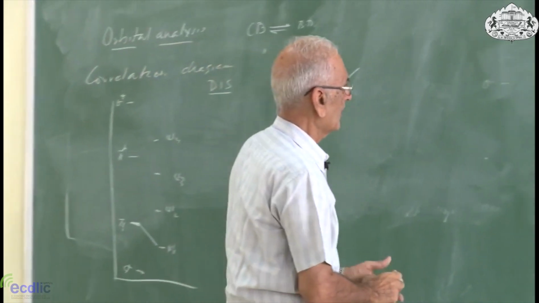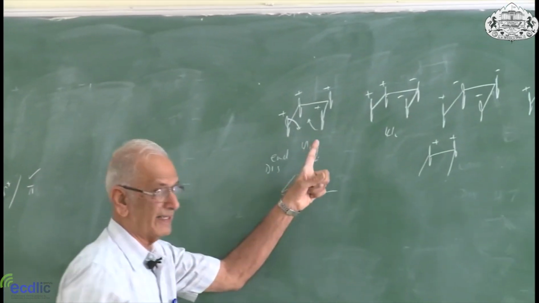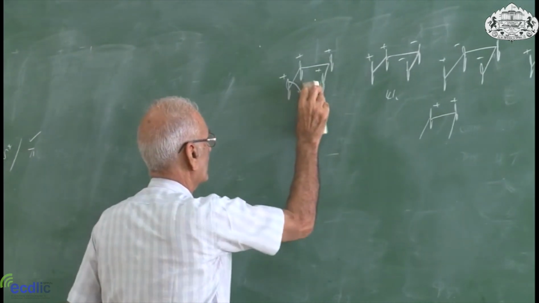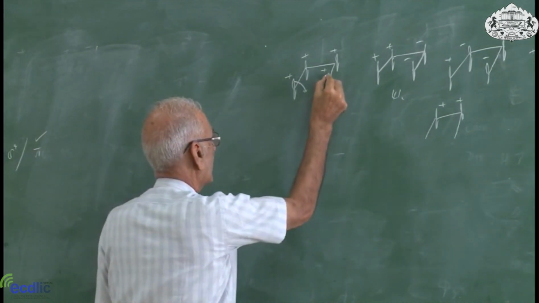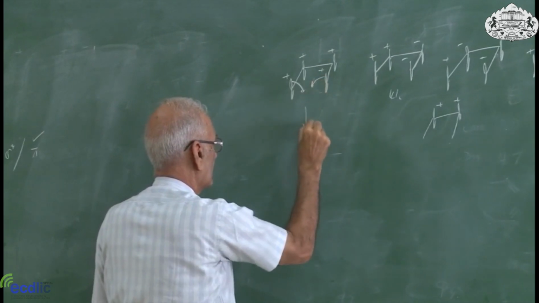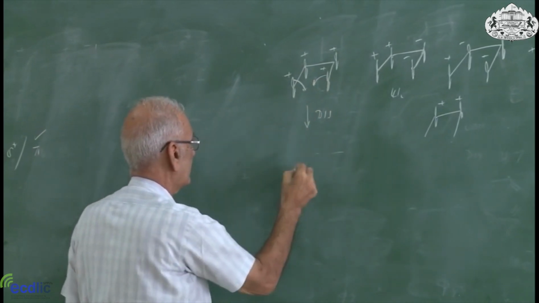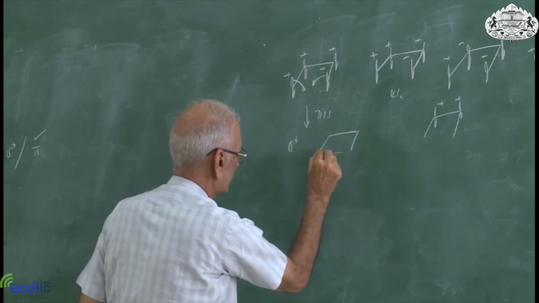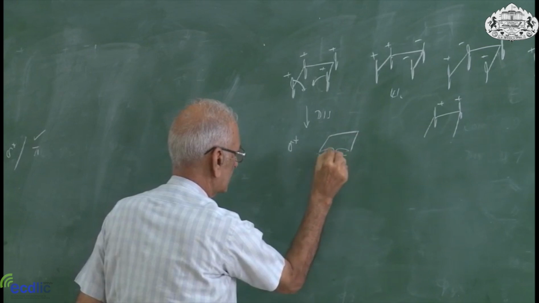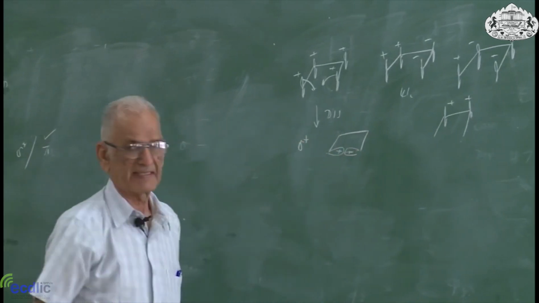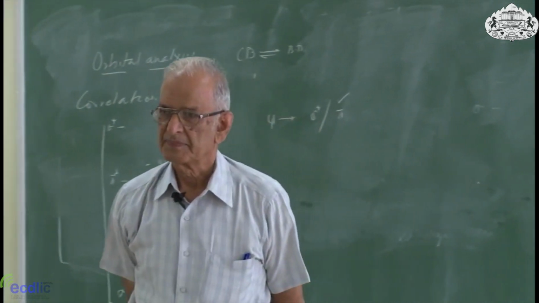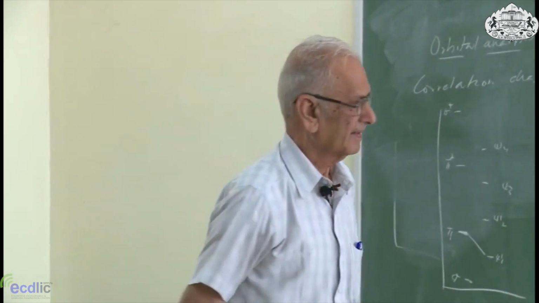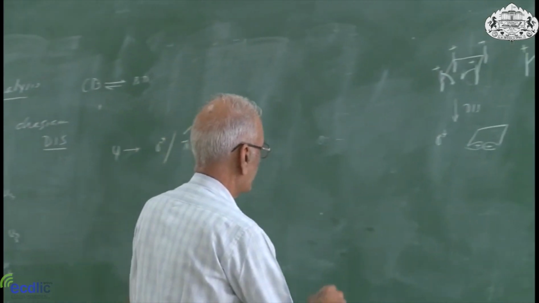What did I do? I am so sorry. Okay. What I did was the conrotatory process. I am sorry. So, this will give you plus and plus. When I do the disrotatory process, it will give you bonding.